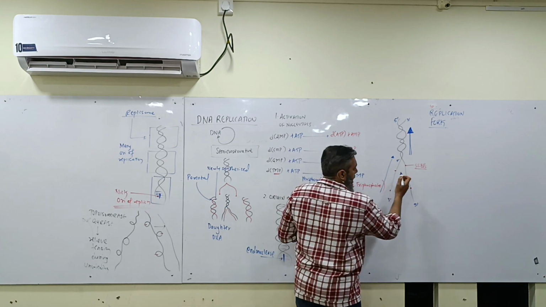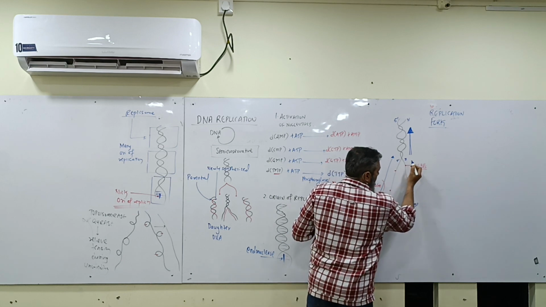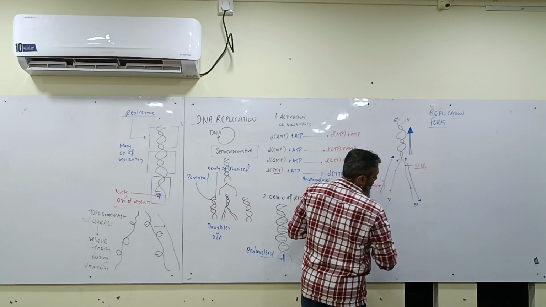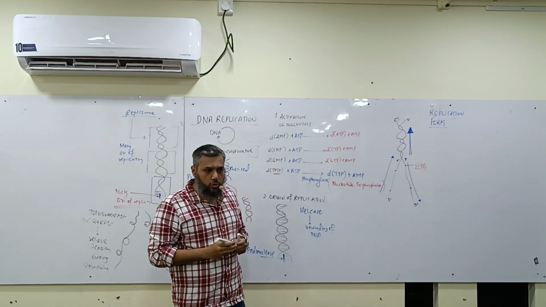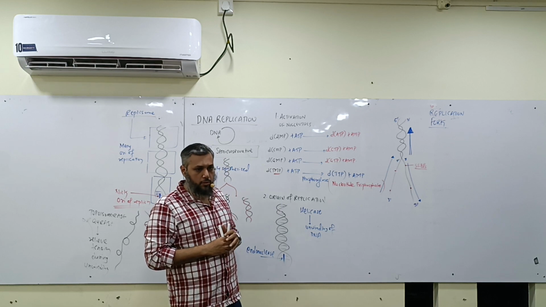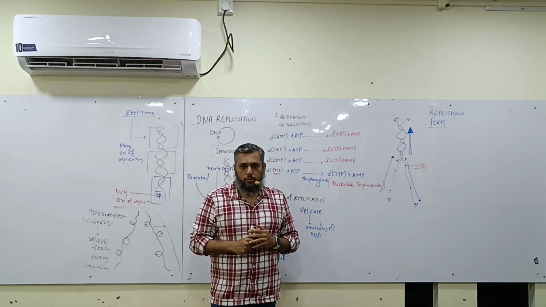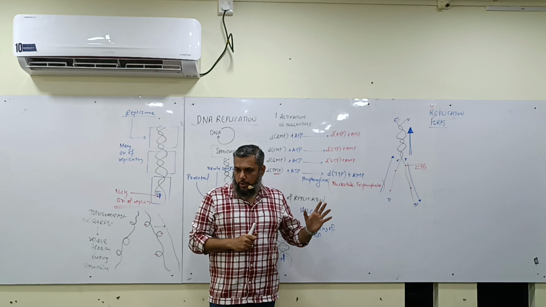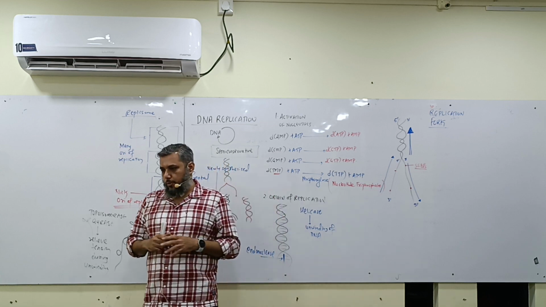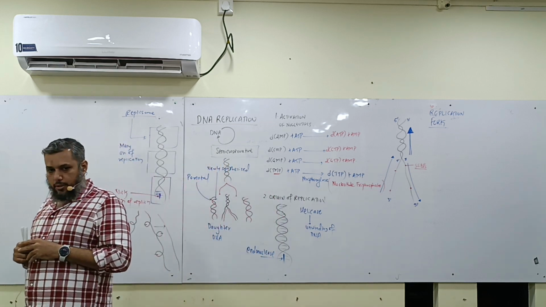But this strand will be read in the direction, in which direction, bachcho? Away from the opening of the replication fork. Do you all understand up to the replication fork, everyone? Yes or no? Just read through the points for a couple of minutes. Recollect.